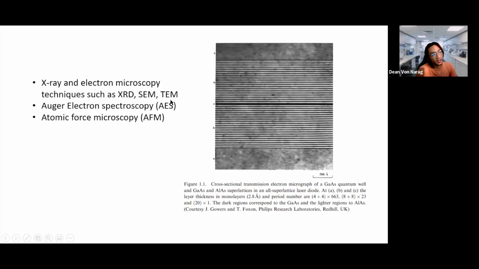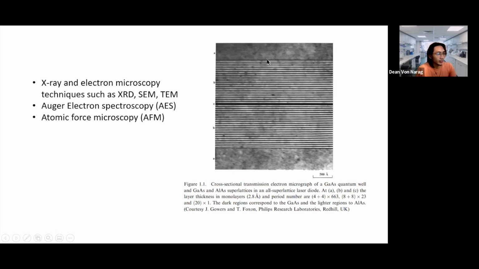Now, XRD, SEM, and TEM, these are very common techniques. XRD, of course, can tell us about the planes and what kind of materials are there in our thin film. For SEM and TEM, direct imaging, for this example, a cross-sectional transmission electron micrograph of a GaAs quantum well and GaAs/AlAs superlattices.